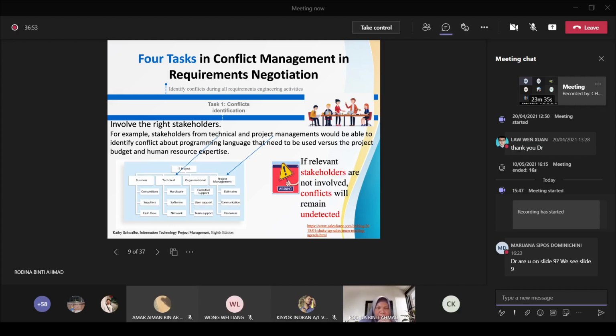The fourth one, like I mentioned earlier, is relationship conflict, characterized by strong emotion, deficiency in communication, and negative interpersonal behavior between the stakeholders. They might not want to talk to each other. The fifth one is structural conflict.